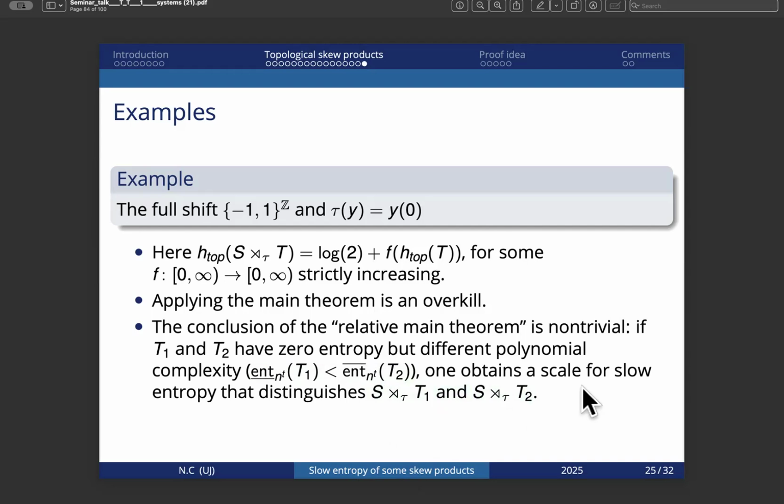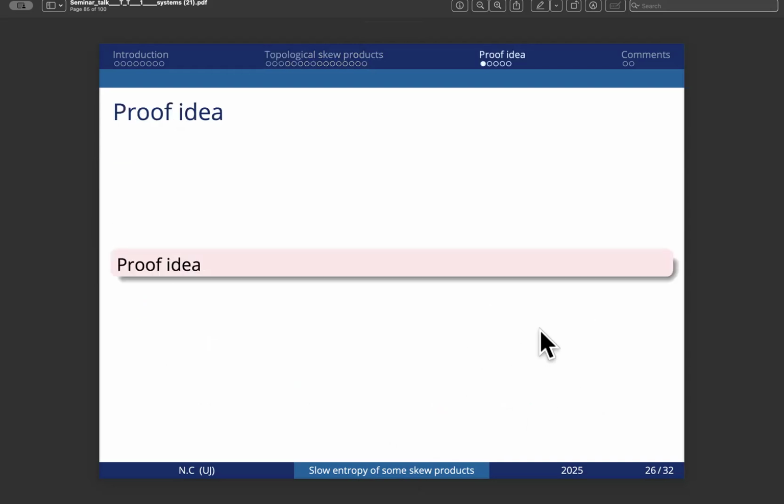Yes. So now I want to make a brief description of the proof idea, very informally. So Nicanor, it's kind of the hour is up. Of course, we asked a lot of questions. I asked a lot of questions in between. I'm to blame, but what we can do is a couple of things. We can either take a small break and then get back to this, or we can continue.